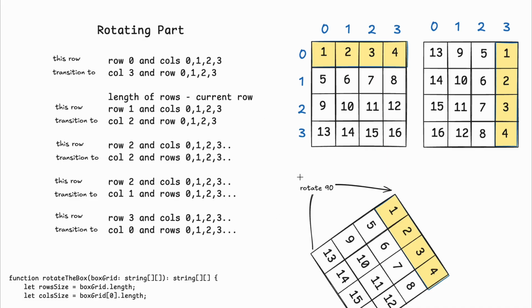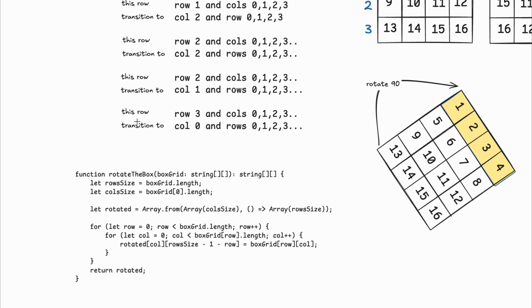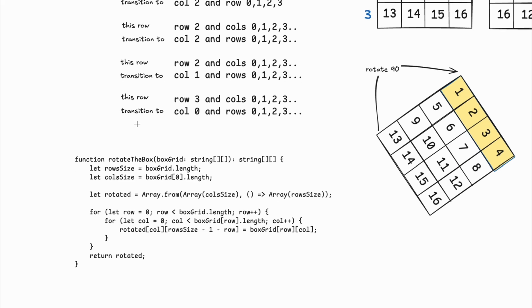And then we fill this matrix from the old matrix to the new one, following this pattern, just traversing the rows, iterating the rows, and putting the columns into rows. So let's consider the example in TypeScript. It's not difficult, don't be afraid.